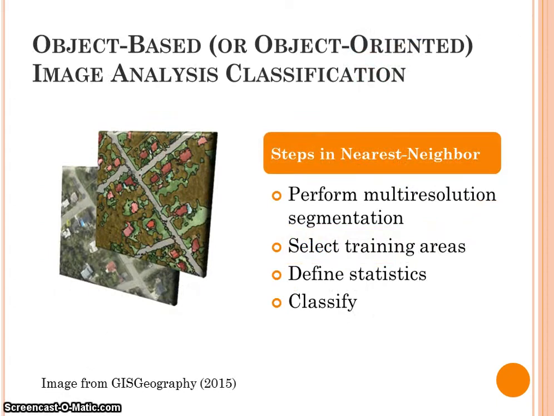With higher resolution imagery and the integration of multi-resolution imagery, object-based image classification has emerged. As described by GIS Geography, quote, traditional pixel-based processing generates square classified pixels.